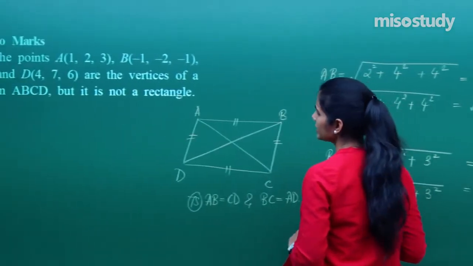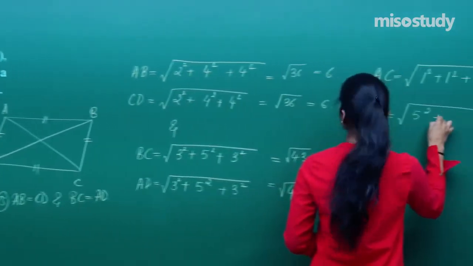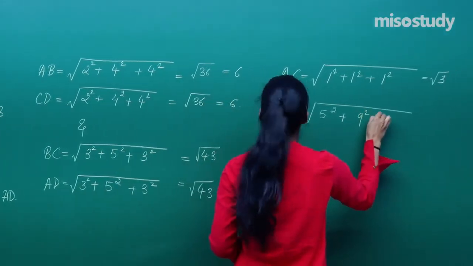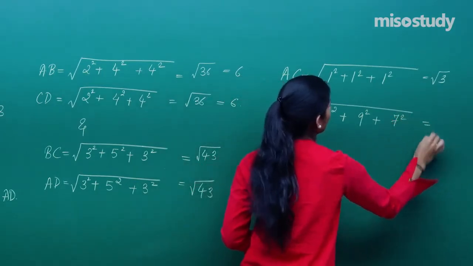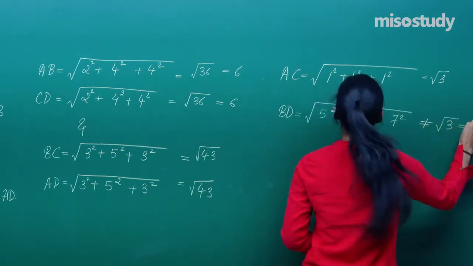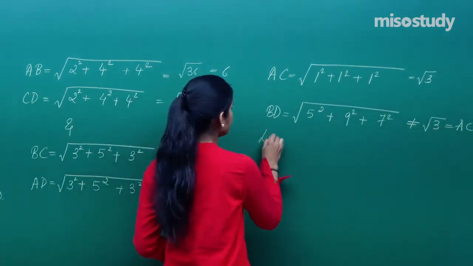it is 4 minus minus 1 whole square, that is 5 square, plus 7 minus minus 2 whole square, plus 6 minus minus 1 whole square. Obviously, clearly you can see this is not equal to root 3, that is AC. So diagonals are not of equal length.